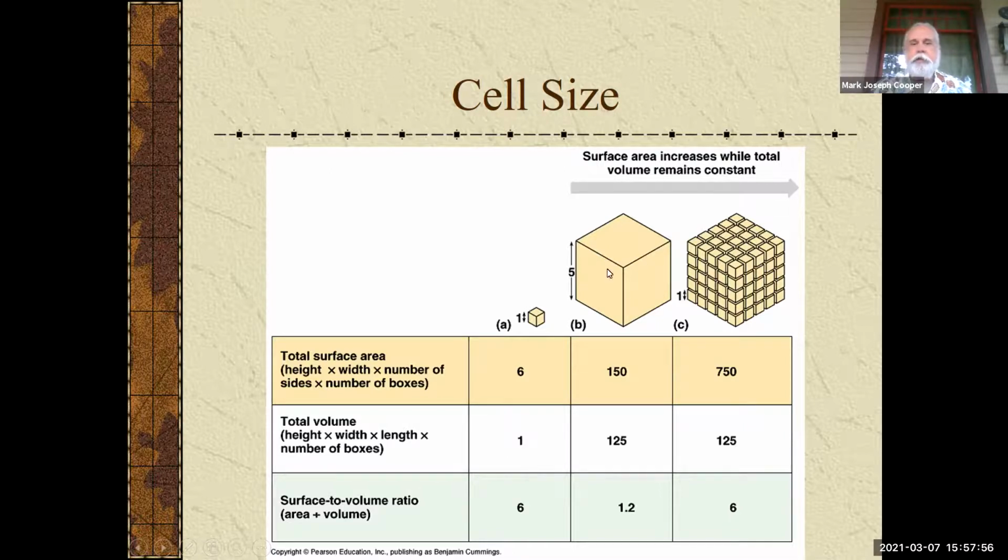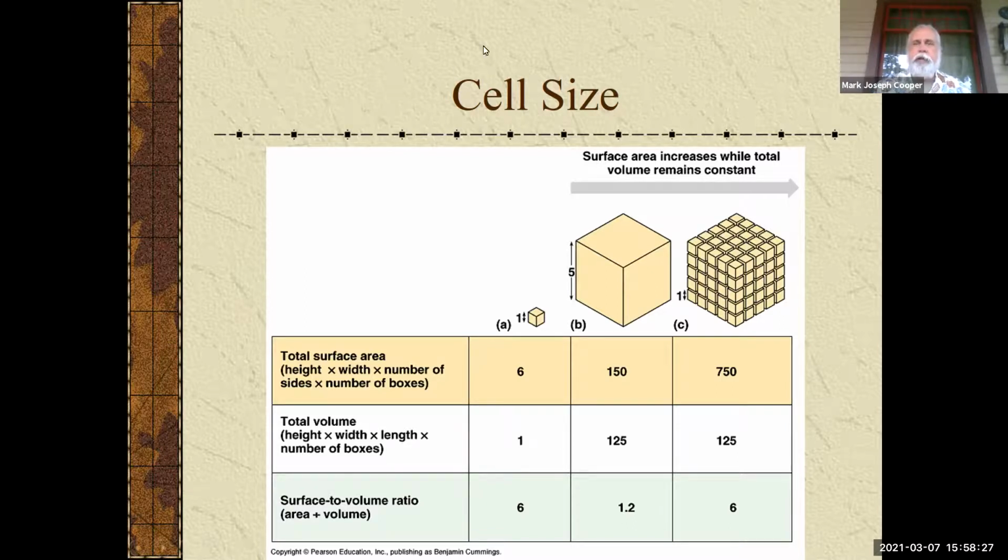Now as my cell gets bigger, here I have a 5 by 5 by 5 cube. You multiply 5 times 5 times 6 sides, so that's where I get my 150. But my volume is 5 times 5 times 5, which is 125. So all of a sudden the ratio drops down to 1.2. What I want you to notice between these first 2 columns is that as the size of my cell gets larger, my surface area to volume ratio gets smaller.